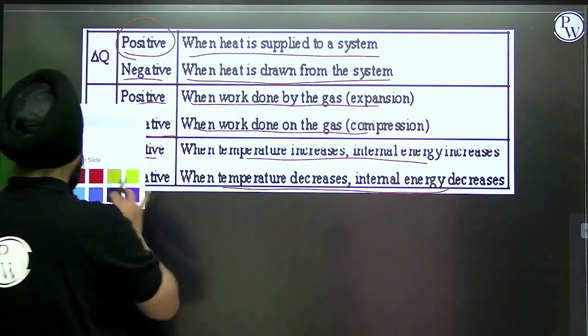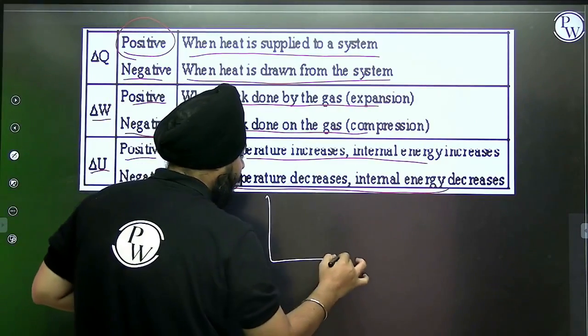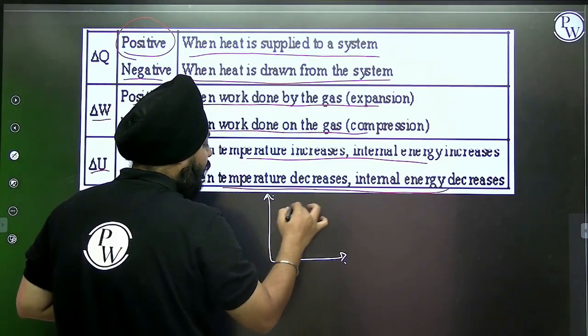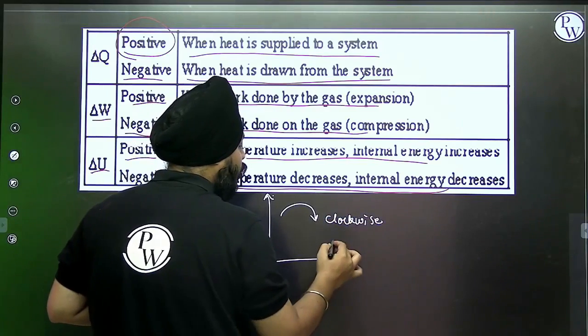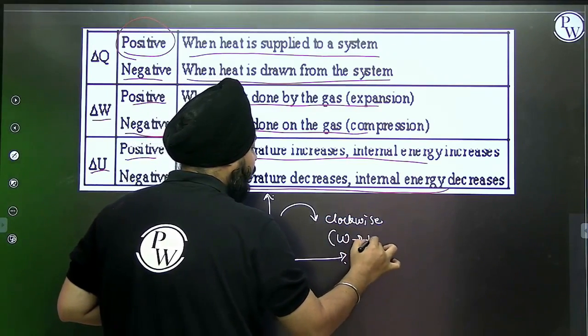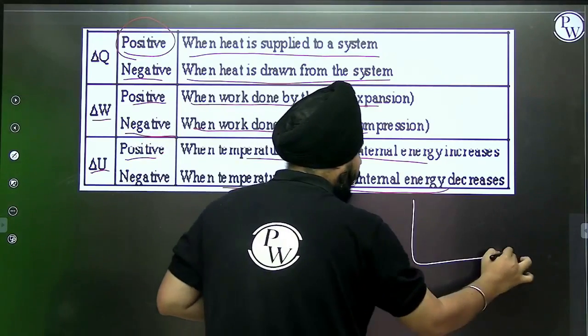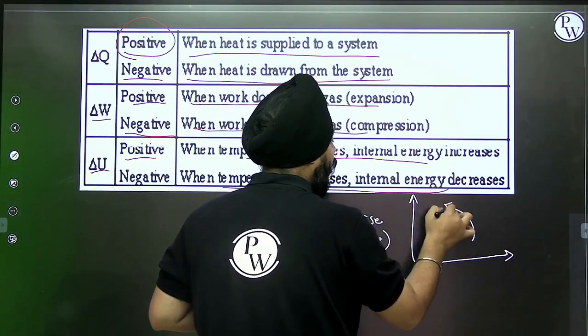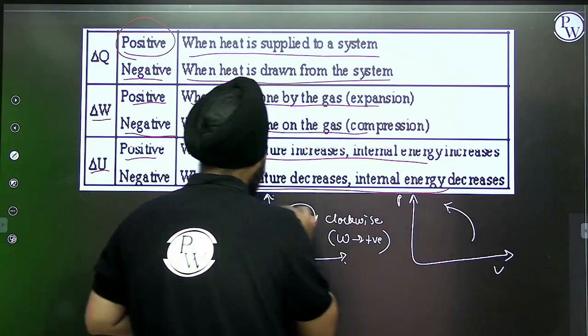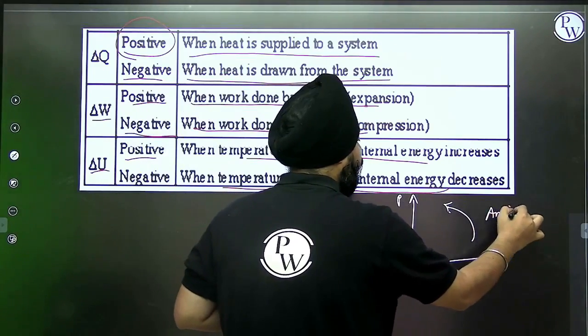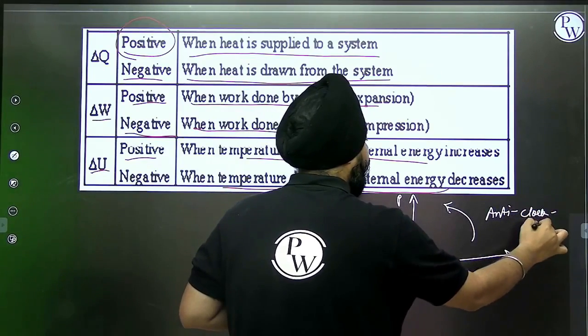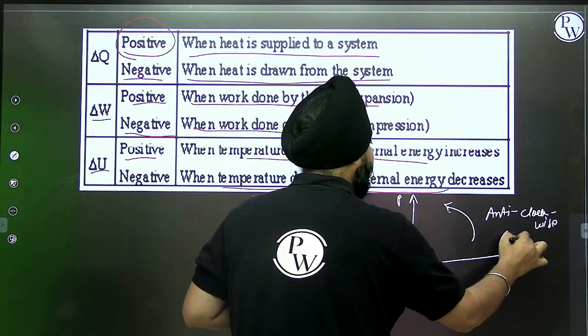If we are talking about the graph, if the process is going on clockwise, then work done is positive, and if the process is going on anti-clockwise, then work done is negative.